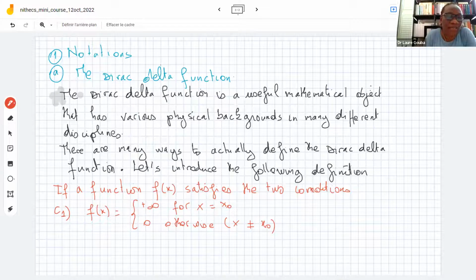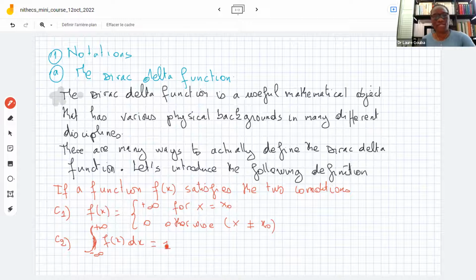and second condition C2, the integral from minus infinity to plus infinity of f of x dx is equal to 1.